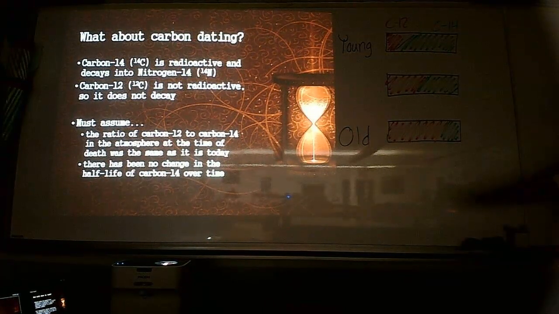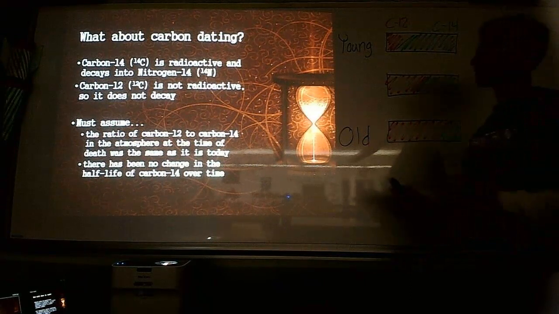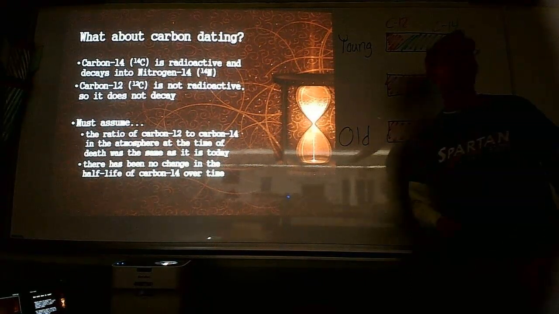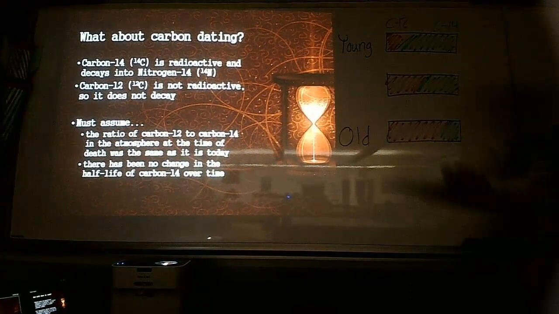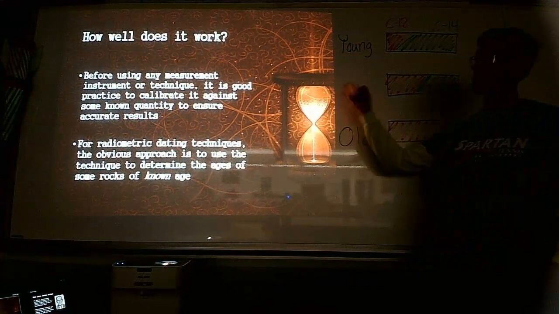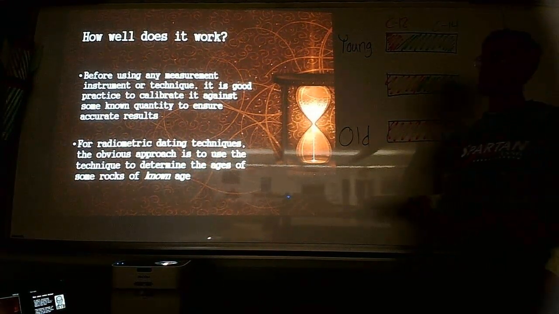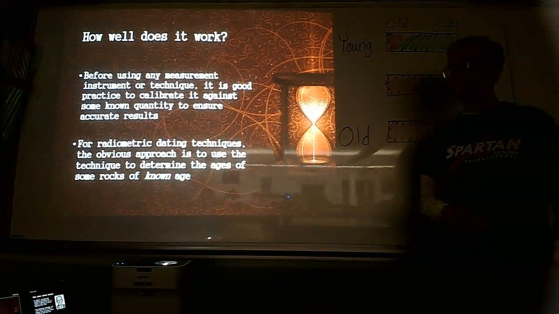And so in the same way that we want to test this method against some examples of things that we actually know the ages of, in the same way we did that with the rocks yesterday, we want to do that with something like that today. Before using any measurement, instrument, or technique, it's good practice to calibrate it against some known quantity to ensure accurate results.